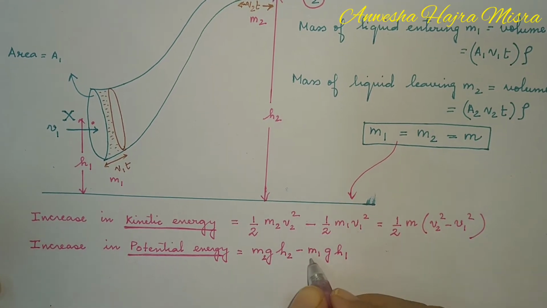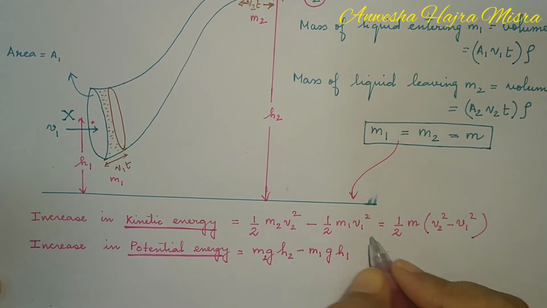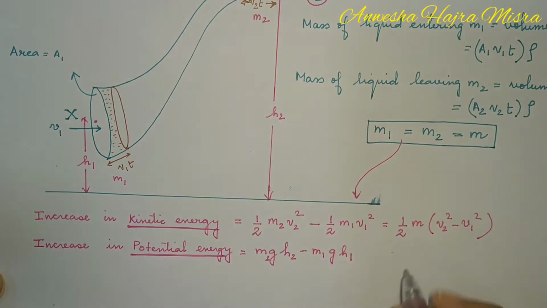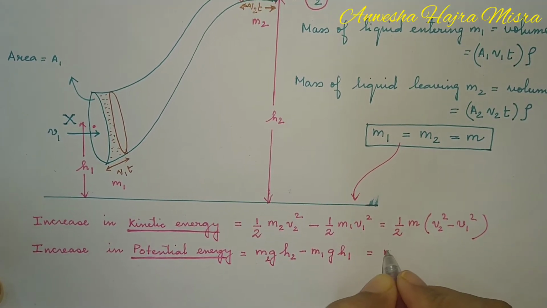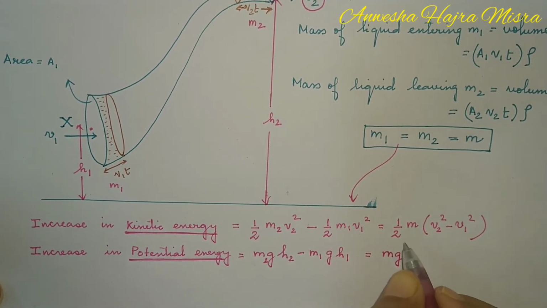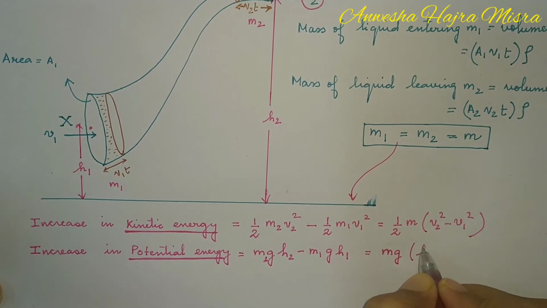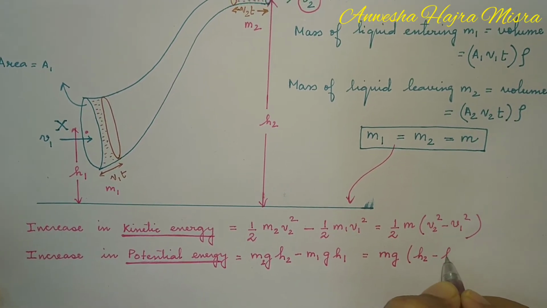But the mass is the same, mass entering equal to mass leaving. So I take mg common. It is mg (h2 minus h1).